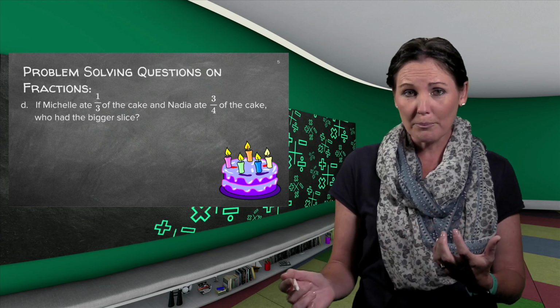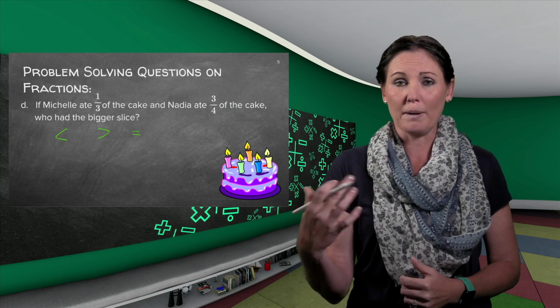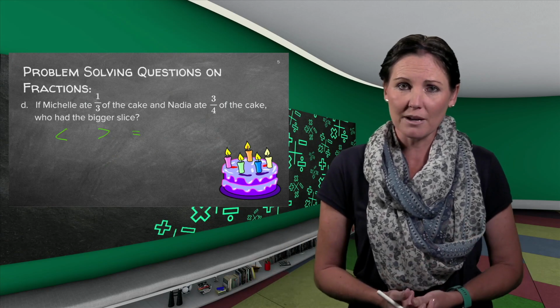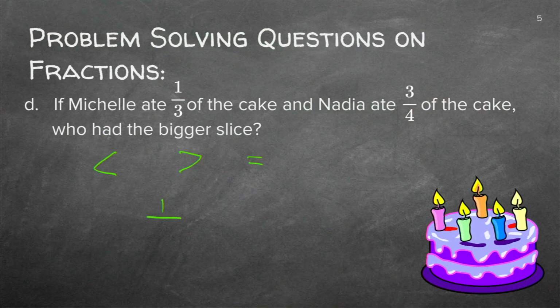And to compare fractions, we use the following symbols. We use the smaller than, greater than, or equal. And remember, there are 2 methods that you can use, your butterfly or cross multiply method, or the common denominator. Now they gave you the fractions 1/3 and 3/4.